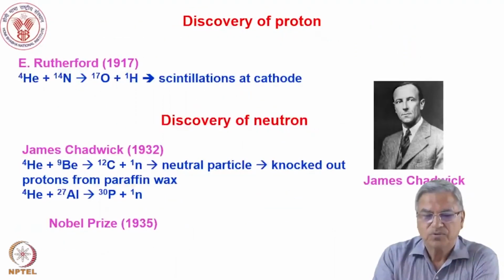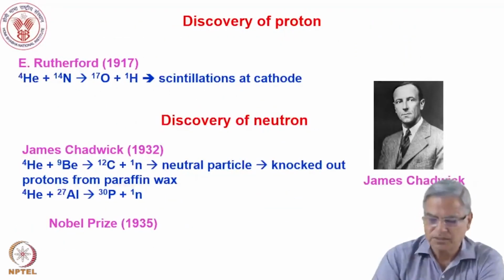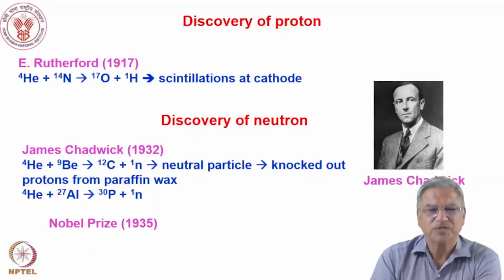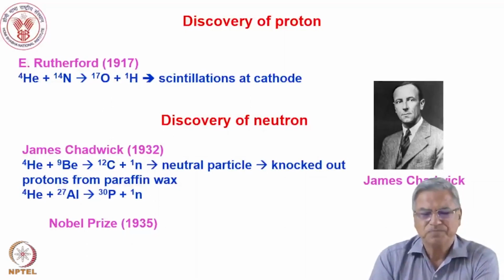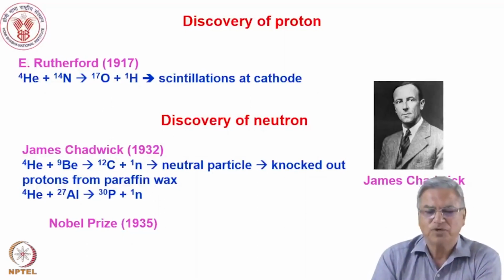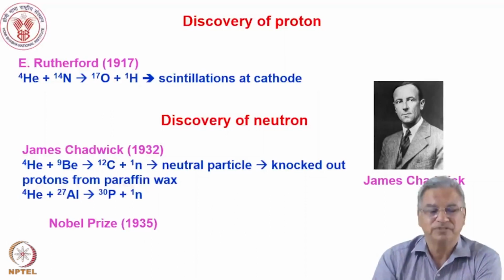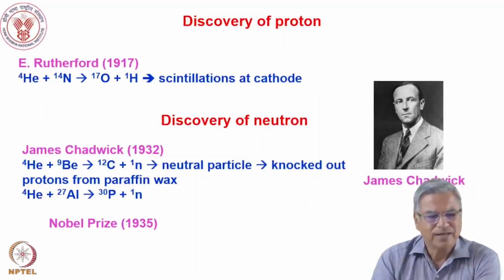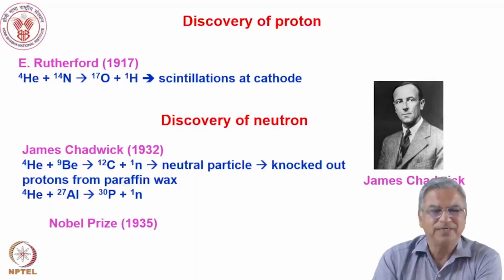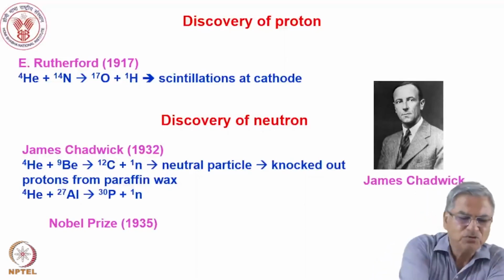Just before I discuss this backscattering further and its implications, I'll also touch upon the discovery of the proton and neutron, the constituent units of the nucleus. In fact, it was again Rutherford in 1917 at Manchester who studied the first nuclear reaction.